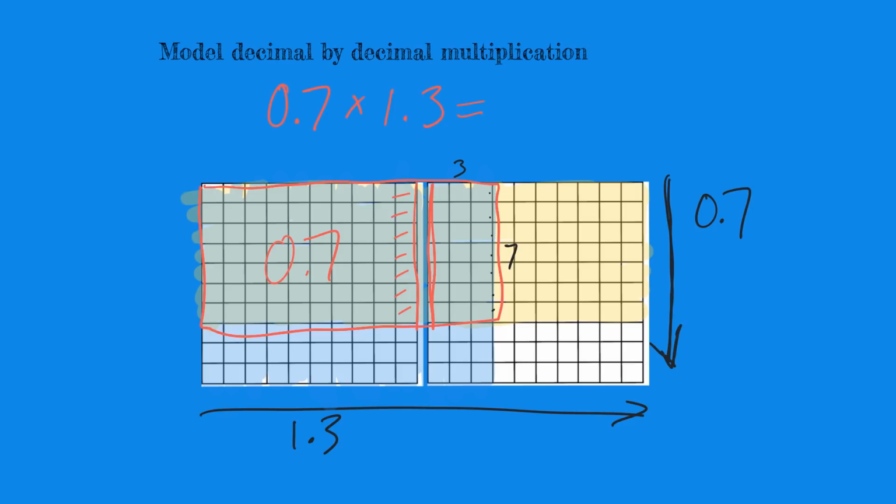That means 3 times 7 is, I could just count up the boxes if I wanted, I've got 21 hundredths in this array here. So I have 7/10 here, 21 hundredths here, which gives me a grand total of 91 hundredths as a result of modeling this.